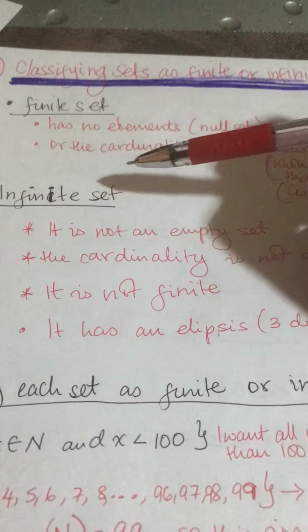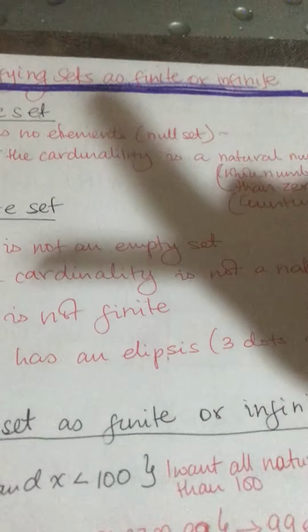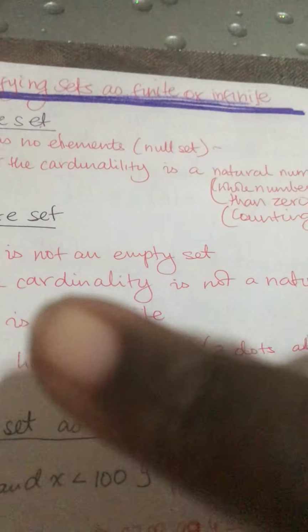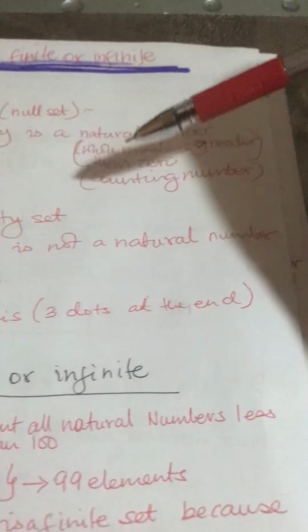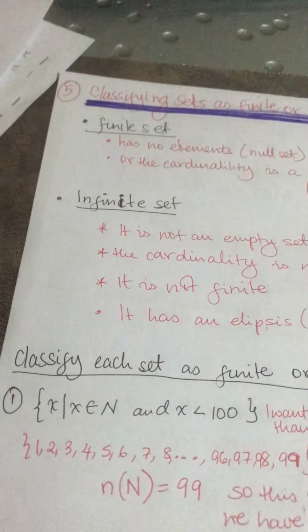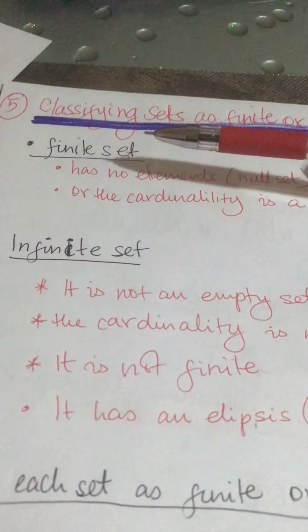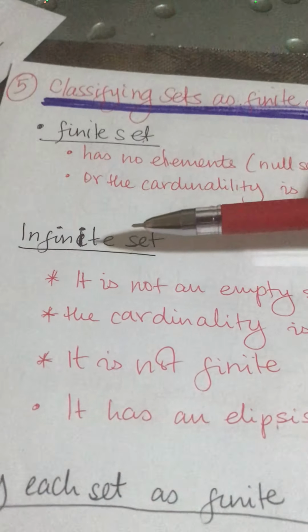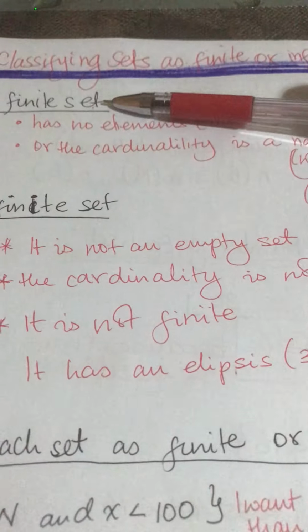For you to be an infinite set, first of all, you cannot be empty. An infinite set can never be empty. It has to have something inside there. So your cardinality is not a natural number because you cannot finish counting. The infinite set is the opposite of finite. So if you are infinite, it means you're not finite.